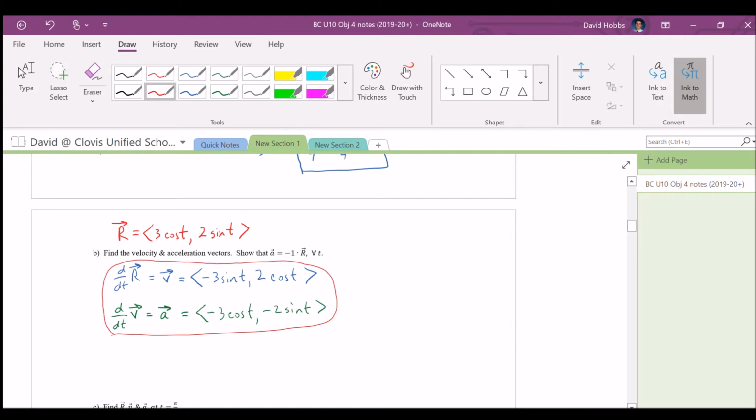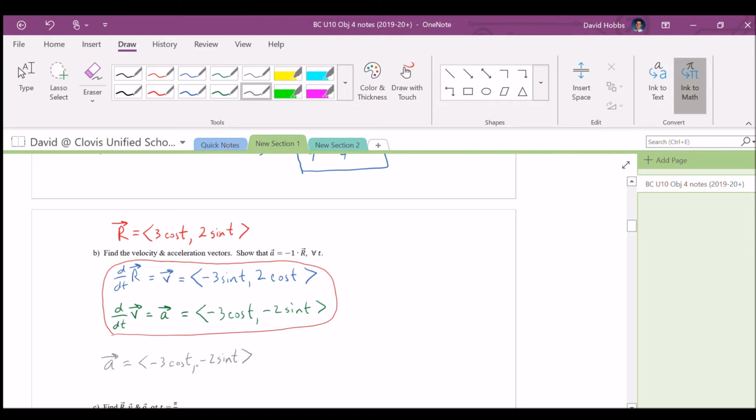Okay, show that the acceleration is negative 1 times the position vector for every t. Okay, well, I can see that the acceleration is negative 3 cosine t, negative 2 sine t.